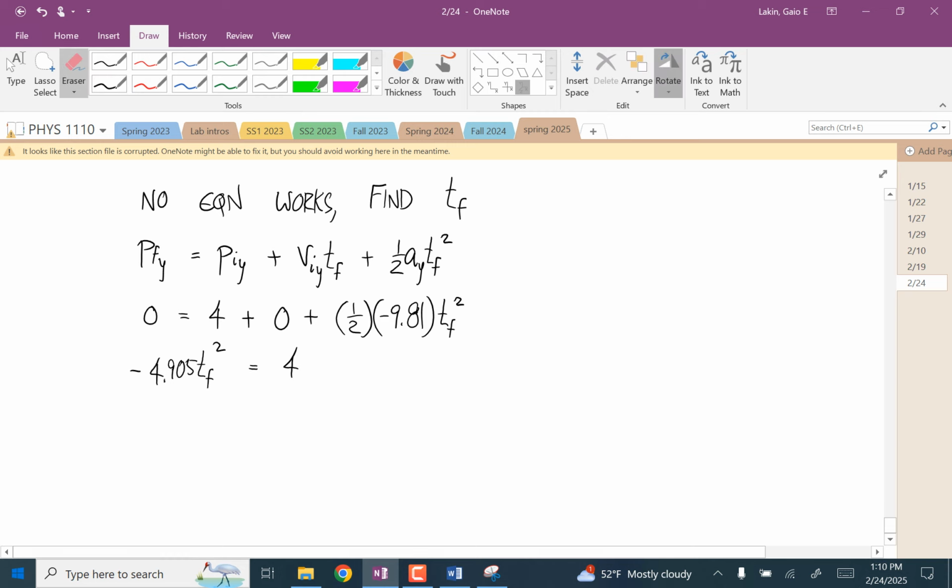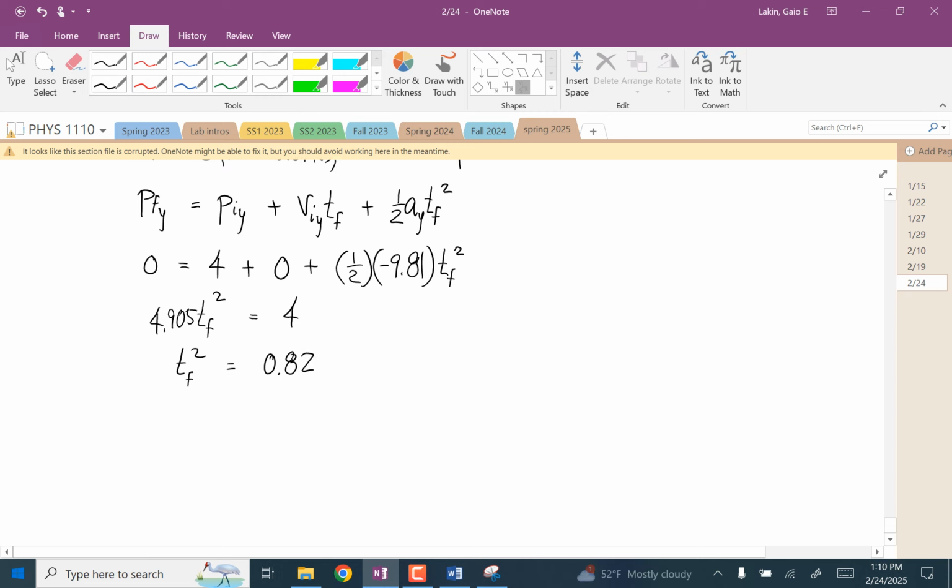Nope. When I move it over, this is positive. So positive 4.905 TF squared is equal to 4. Divide both sides by 4.905, and you get that TF squared is equal to 0.82. Now take the square root of both sides, and you get that TF is equal to plus or minus 0.9.